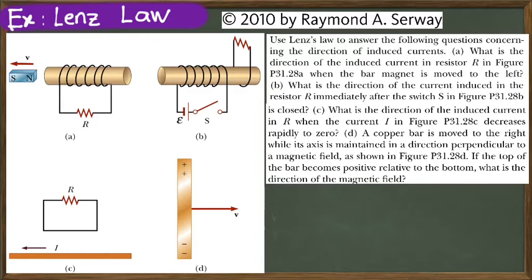And can you read the question? Okay, the first question is, using Lenz's law, part A, what is the direction of the induced current in resistance R in part A when the bar magnet is moved to the left?